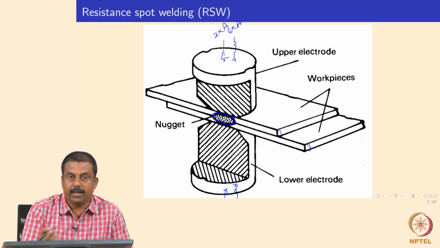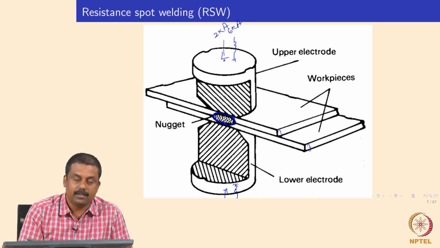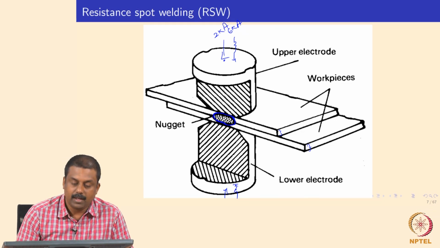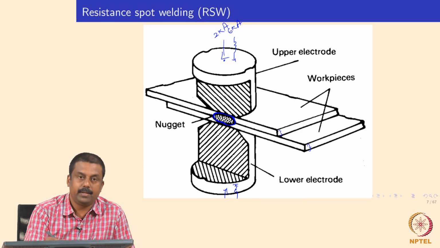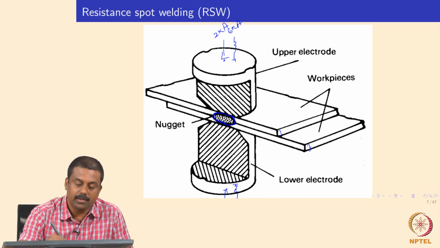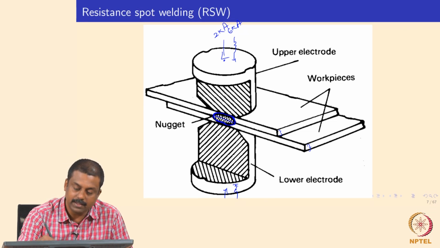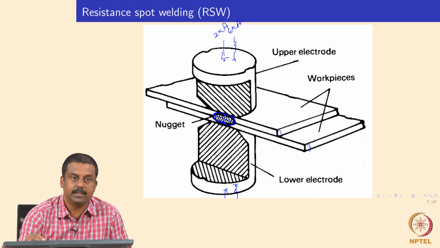It is a 3-dimensional ellipsoid, sort of a flying saucer, you can say, if you look at it in 3D configuration. And if you take a cross section, you see an ellipse. Generally you have a long axis parallel to the sheet axis, and the short axis perpendicular, along the sheet thickness.